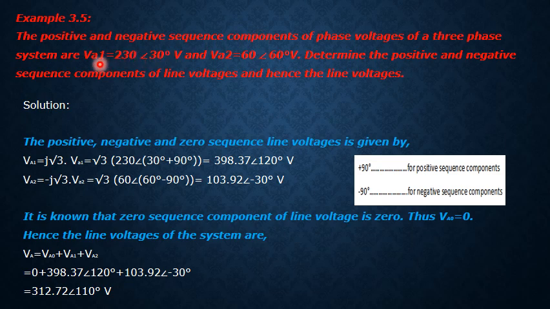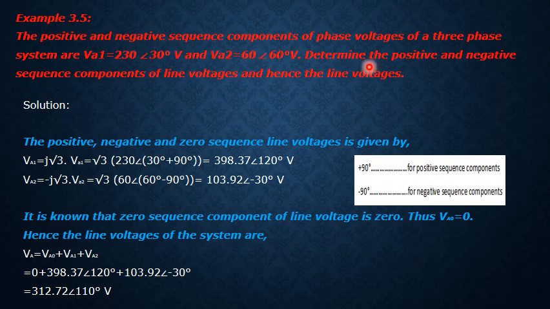Keep this in your mind as I told before: small a represents phase values, capital A represents line voltage. So from this statement, these are the phase voltages meant for positive and negative sequence components.